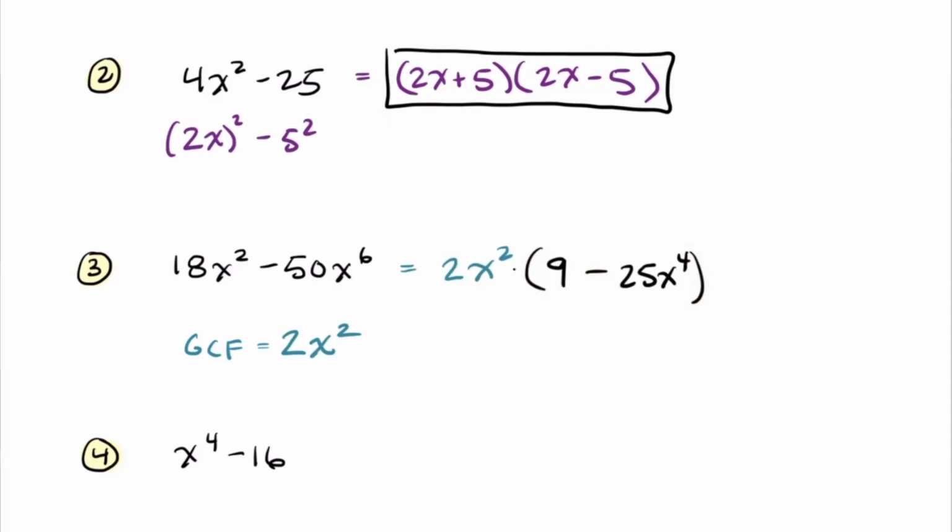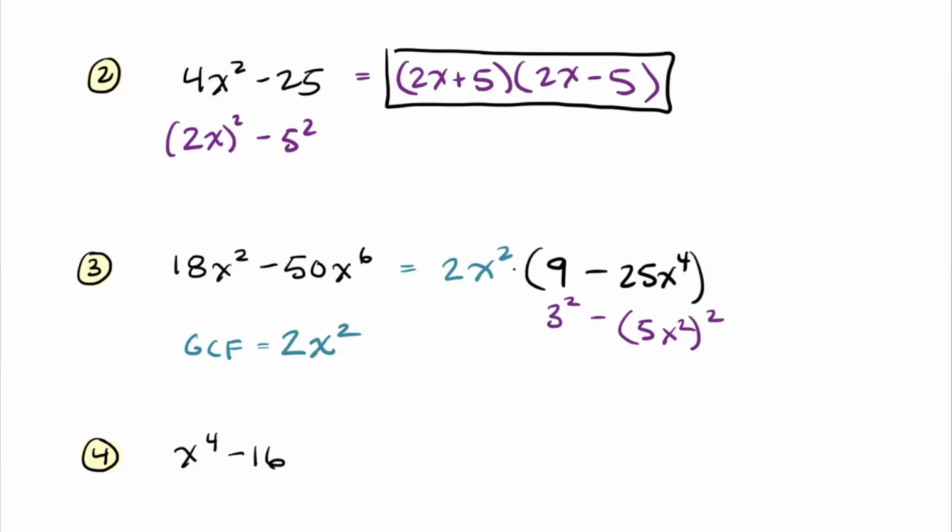So I'm going to look at this as 3 squared. And then just like in our other example, I need to think of this as something in parentheses squared. And I've got x to the 4th. X to the 4th is x squared squared. And 25 is 5 squared. So really what we have there is parentheses 5x squared, whole thing squared.